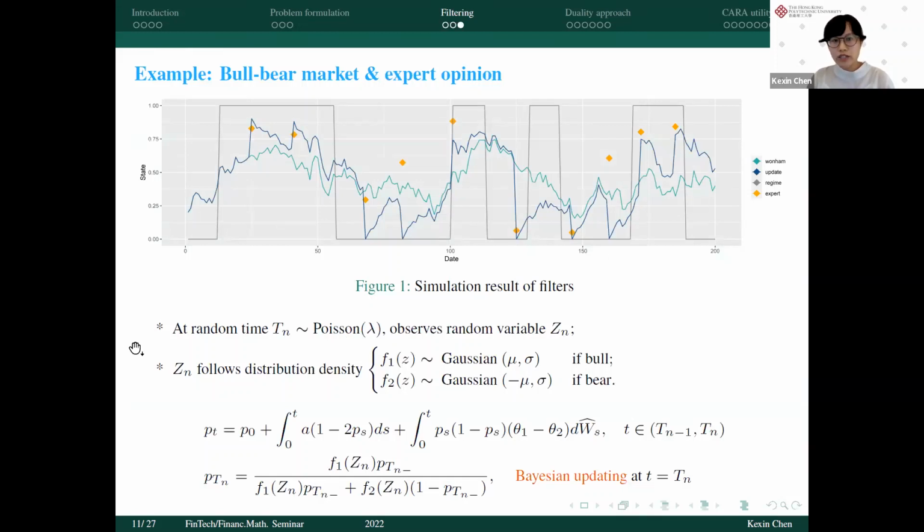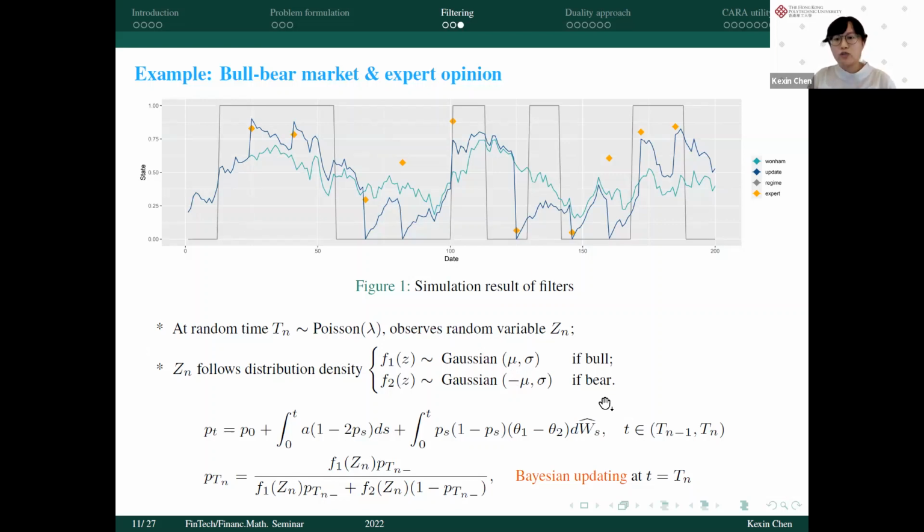And to illustrate this result, I present the expert opinion example in a bull-bear financial market setting. So here we assume that at random time T_n, we observe the random variable Z_n, which follows two Gaussian distributions with two different means when the market is bull or it is bear.